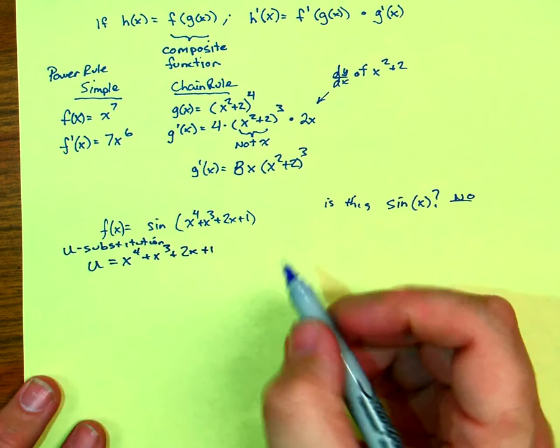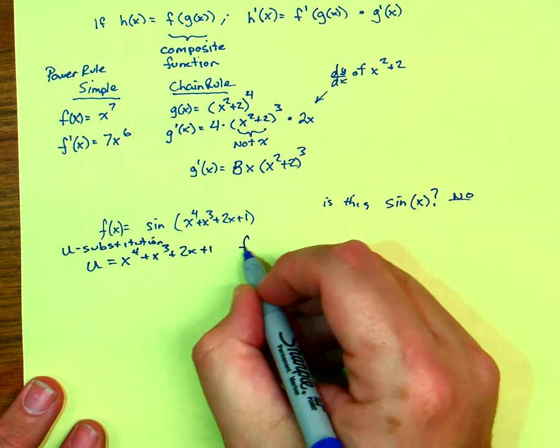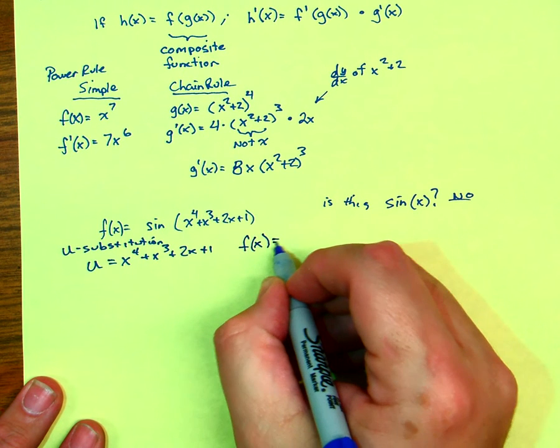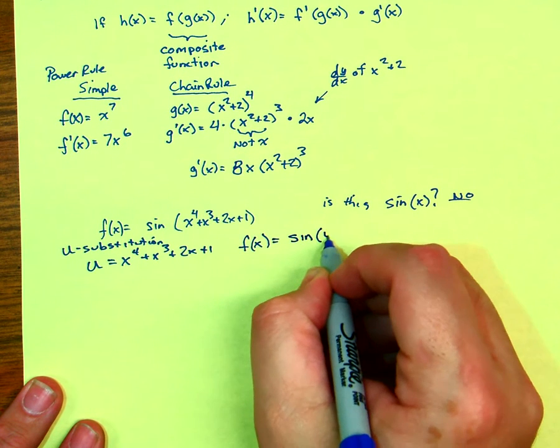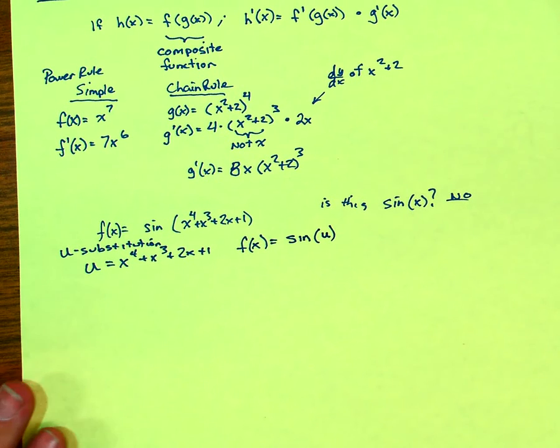And now f of x becomes the sine of u. Now, does that make sense? Instead of it being the sine of x, we take the sine of a big polynomial, and we just substitute in the u.